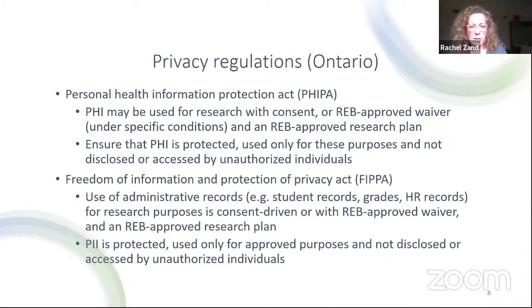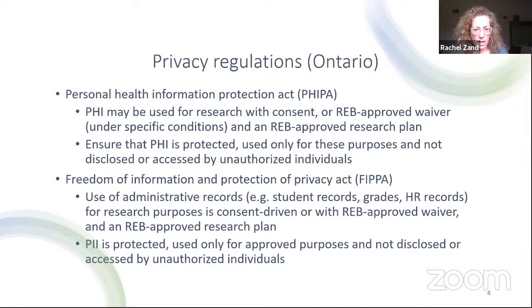And the REB can only provide that waiver under very specific conditions and with an approvable research plan. So they have to know exactly what the researcher is going to do with the PHI, how the data will be kept securely, and who has access to the data within the research team and why, and what they will be doing.